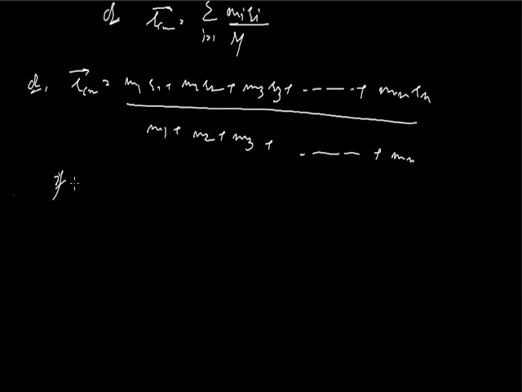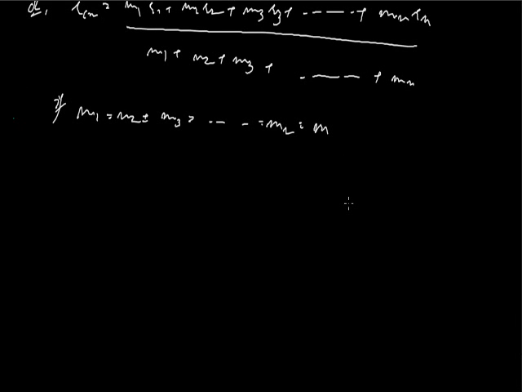If all the particles have the same identical mass small m, that is m1 equal to m2 equal to m, then we can write rcm equal to r1 plus r2 plus up to rn upon n.